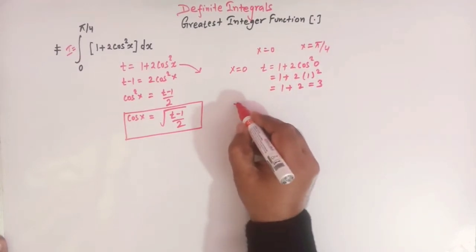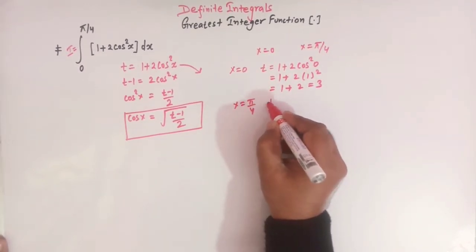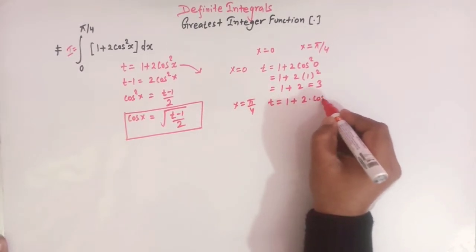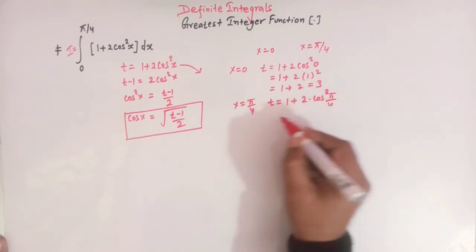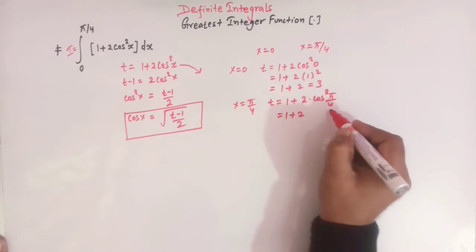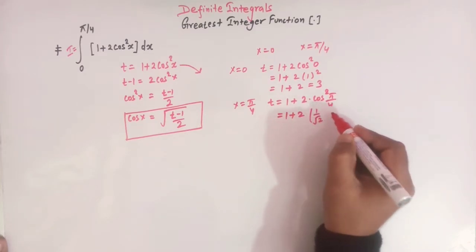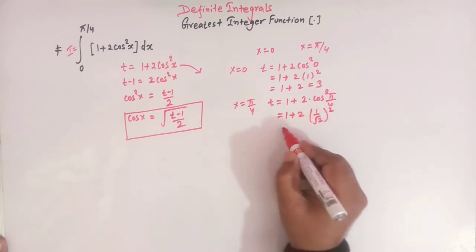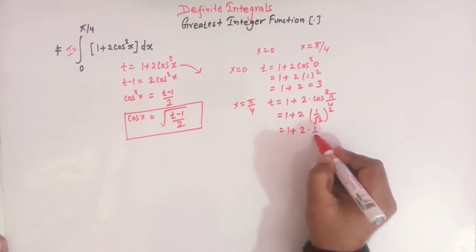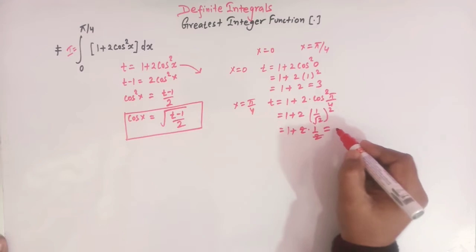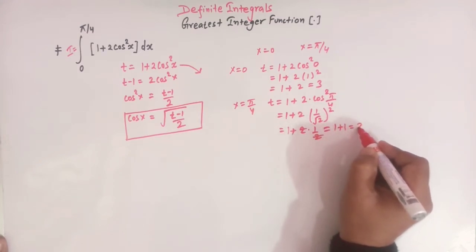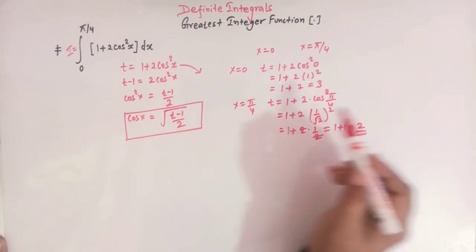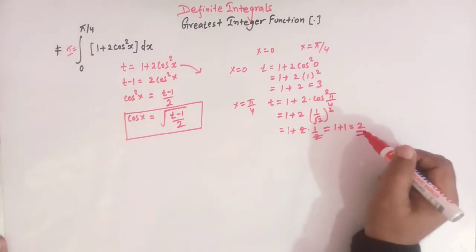And when x is equal to pi by 4, t is equal to 1 plus 2 times cos square pi by 4. We know cos pi by 4 is 1 over square root of 2, so we have 1 plus 2 times 1 over 2, and the 2 and 2 cancel, leaving 1 plus 1, that is 2. So when x varies from 0 to pi by 4, t varies from 3 to 2.